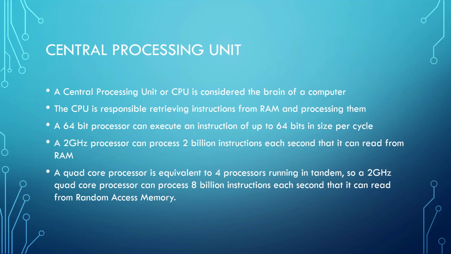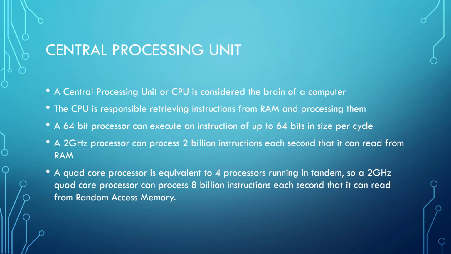A 2 gigahertz processor can basically process 2 billion instructions per second. Remember hertz? 1 hertz is 1 cycle per second. So 2 gigahertz is 2 billion cycles per second. So in each cycle, we can execute up to 64 bits of information.